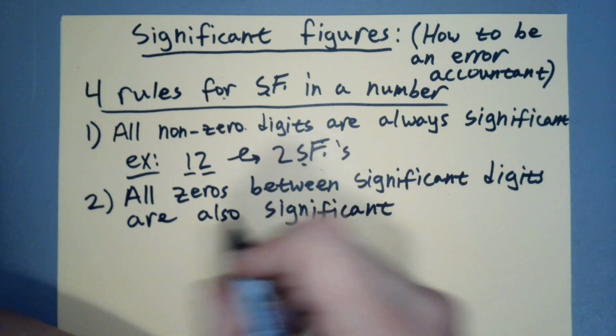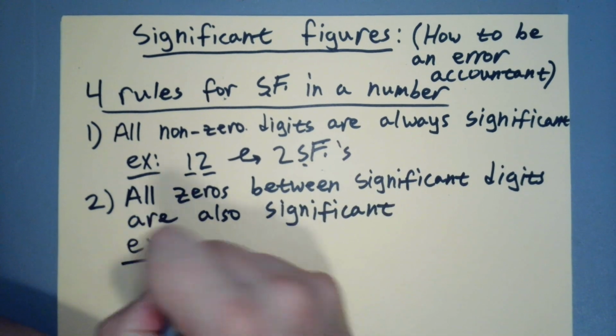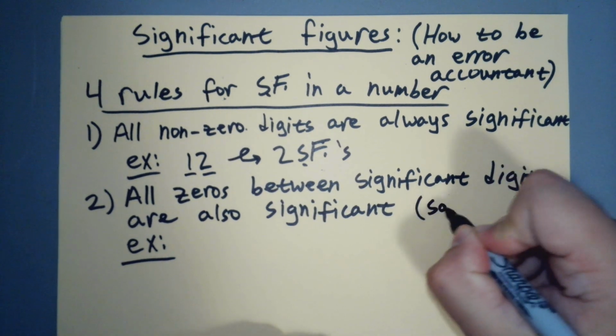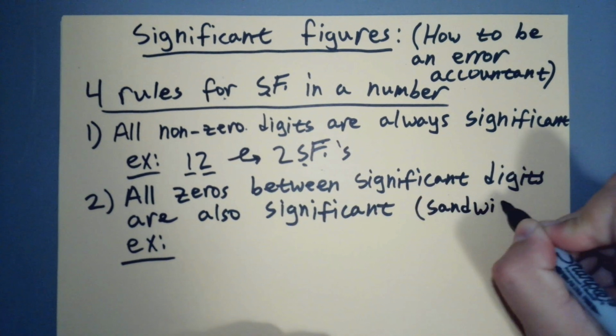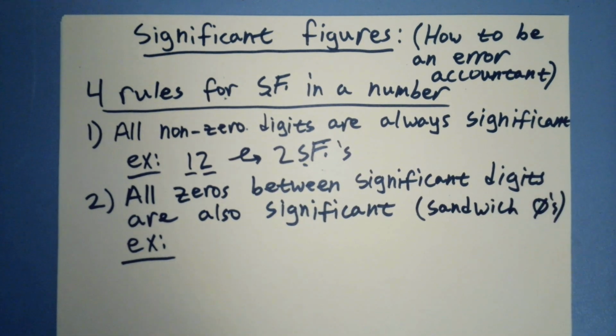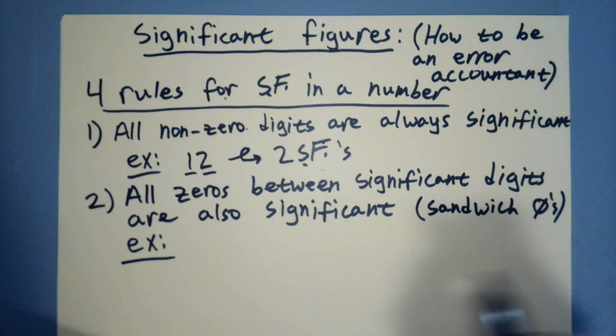Alright. So what does that mean? Well, I like to call these sandwich zeros, by the way. You don't get that kind of quality education just anywhere. So these are what we call sandwich zeros in the business.